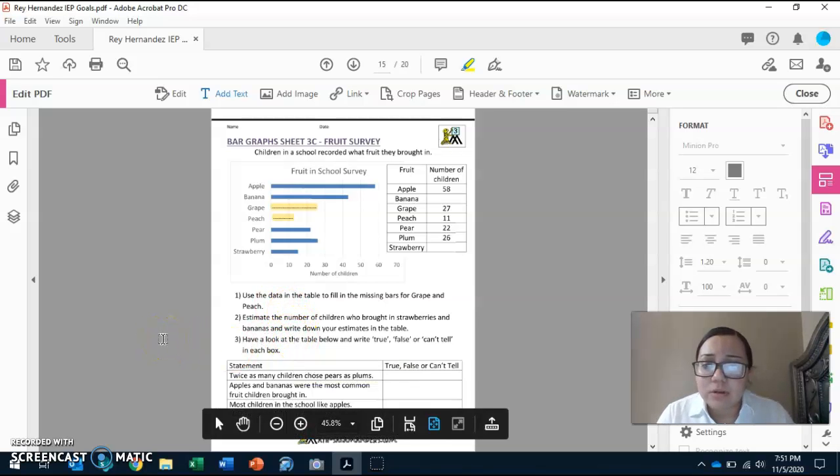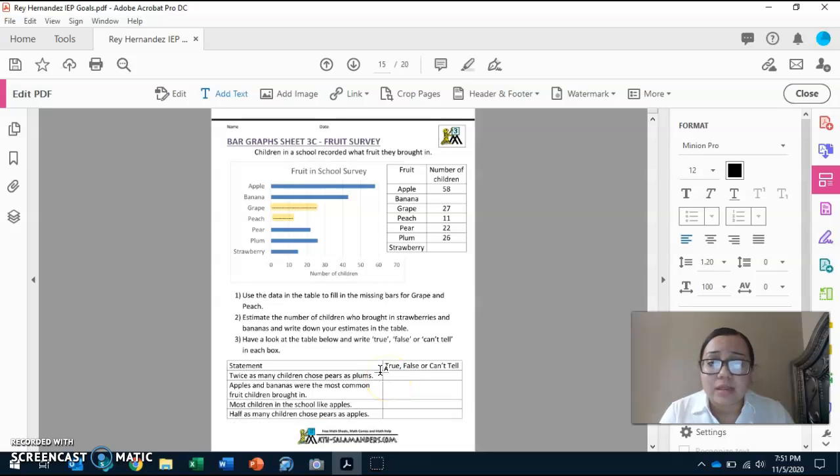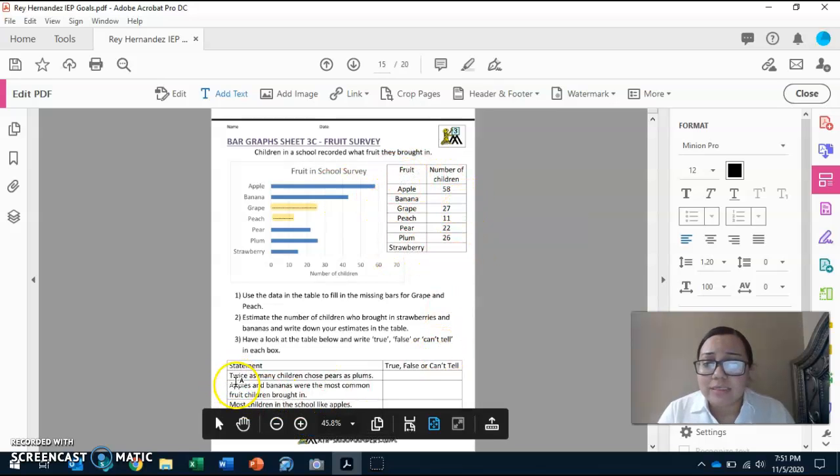However, let's go to the bottom where it says statement, whether it's true, false, or cannot tell. So we're going to read the statement and write whether it's true, it's false, or we cannot tell. And we're going to get the information from either the bar graph or the T-chart. The first one says, twice as many children chose pears as plums.